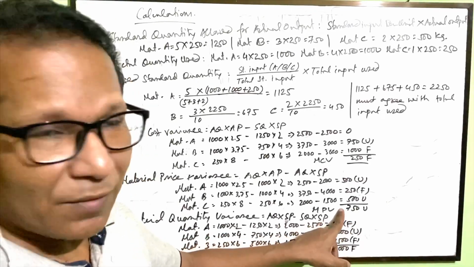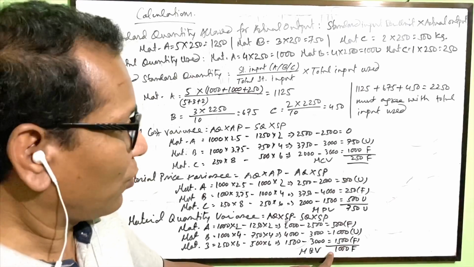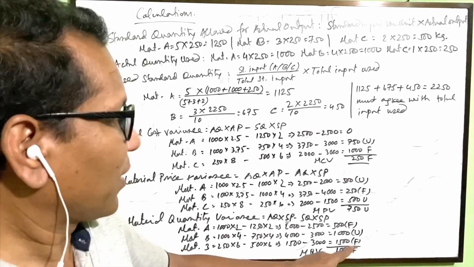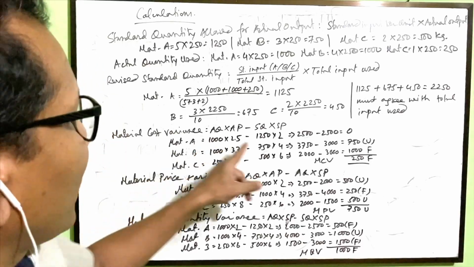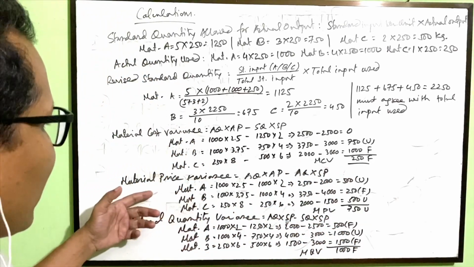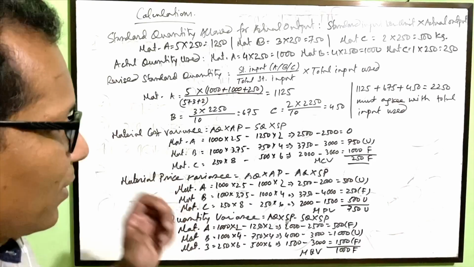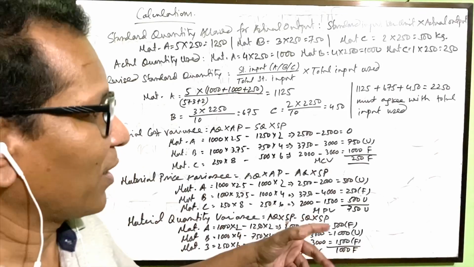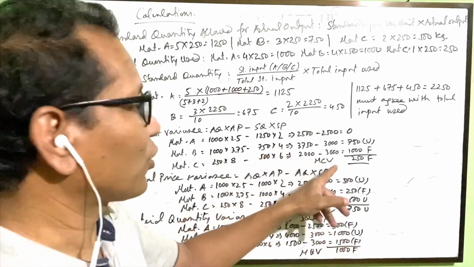Here 750 is unfavorable, 1000 is favorable. So 250 is favorable variance, and material cost variance is also 250. So we did material price variance and material quantity variance rightly. Remember, the total of price variance and material quantity variance will be equal to the material cost variance.